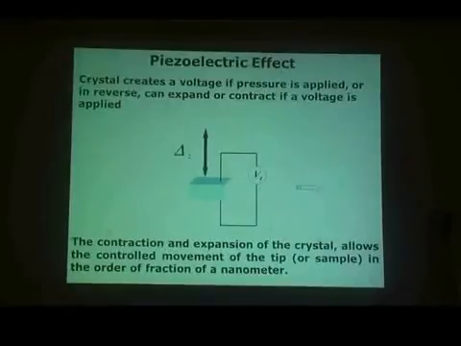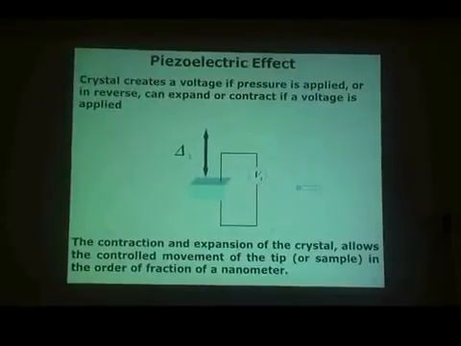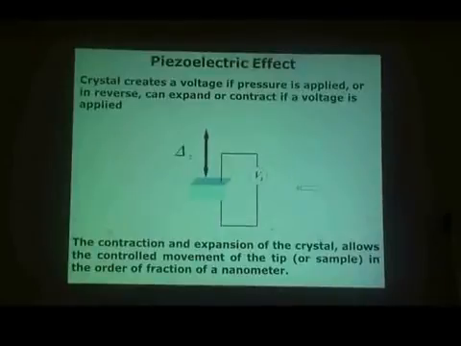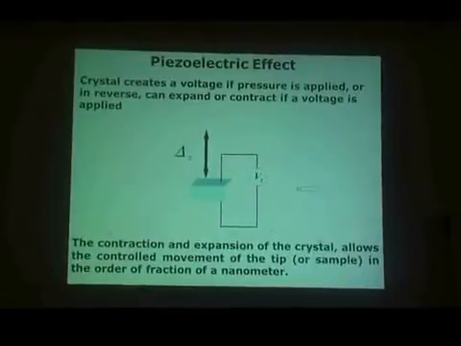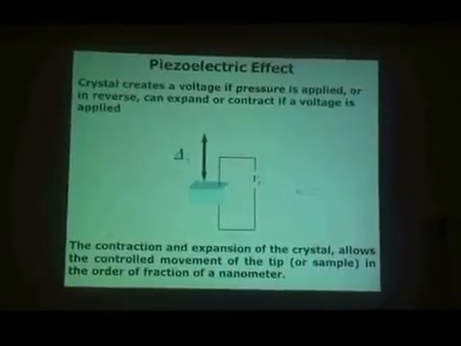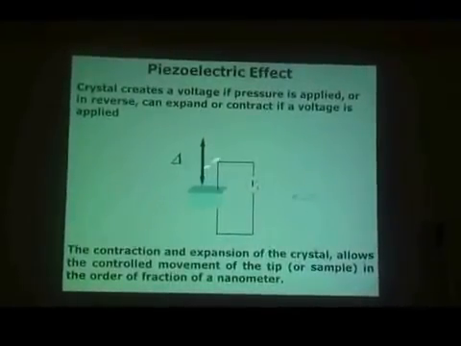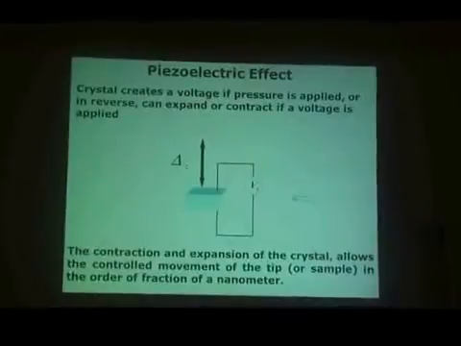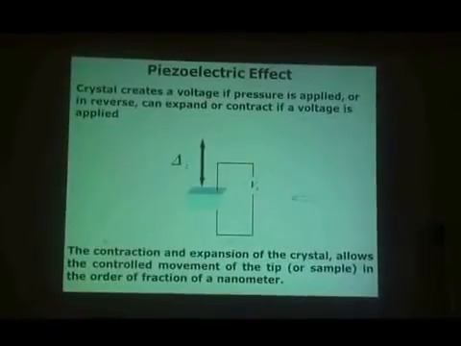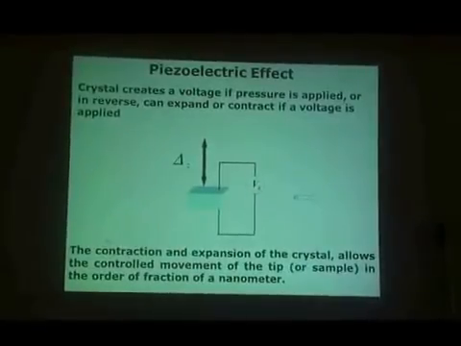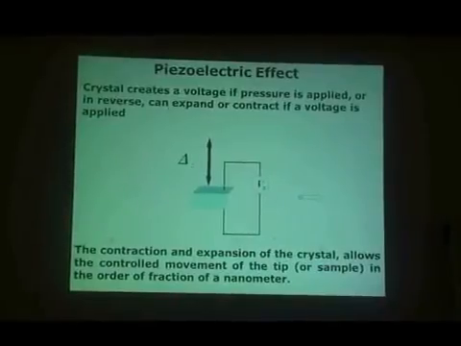So the thing is that you have an atomically sharp tip and then it moves over the sample surface. But to have this atomic resolution, you must be able to move either the tip or the surface with atomic precision. Usually to move the samples, you can use motors, but the resolution of the motor is very low. So in order to have the atomically resolved movement, there comes the importance of the piezoelectric substance.